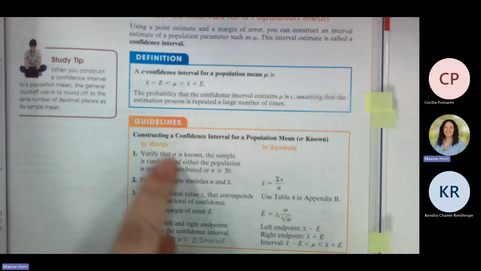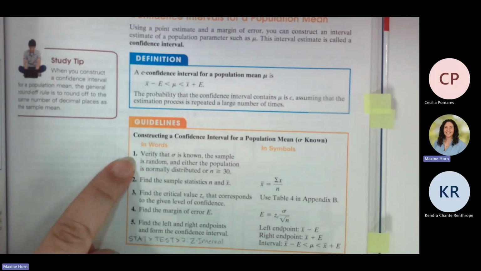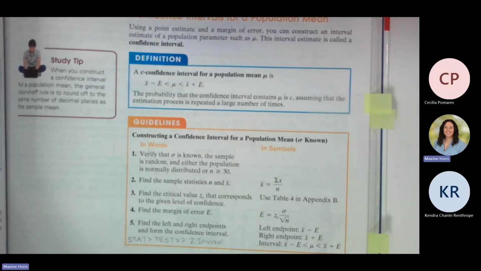So this step right here is a checklist that you have to go through to make sure that you can actually use the stat test number 7 and actually plug it in that way. Okay, because sometimes you won't be allowed to.